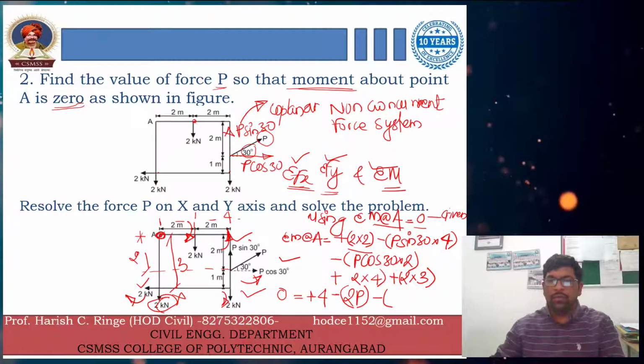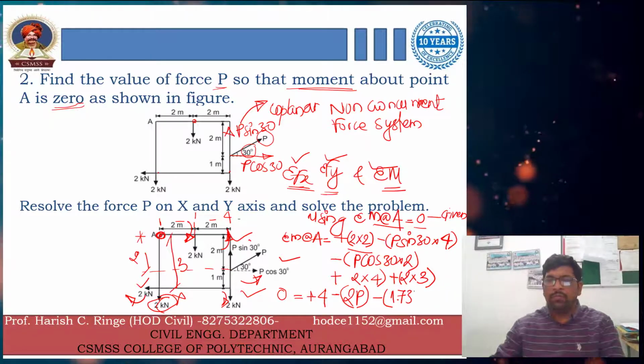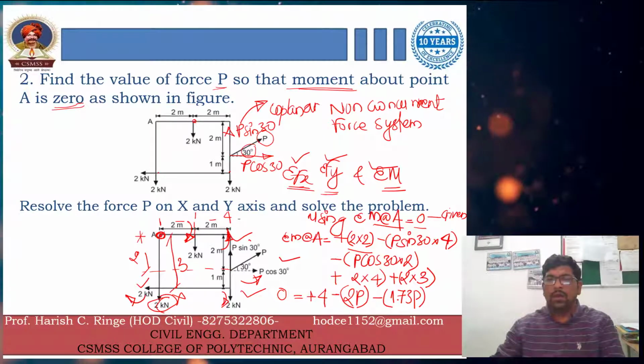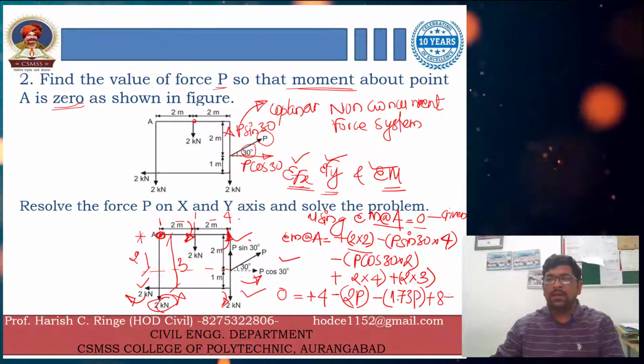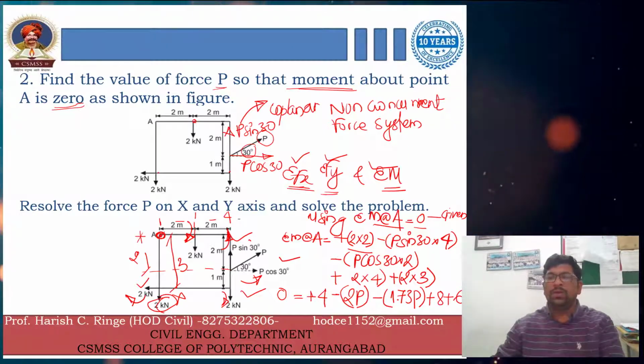So we have to write down here minus 1.73p, again plus 2 into 4, that is 8, and plus 2 into 3 is equal to 6.